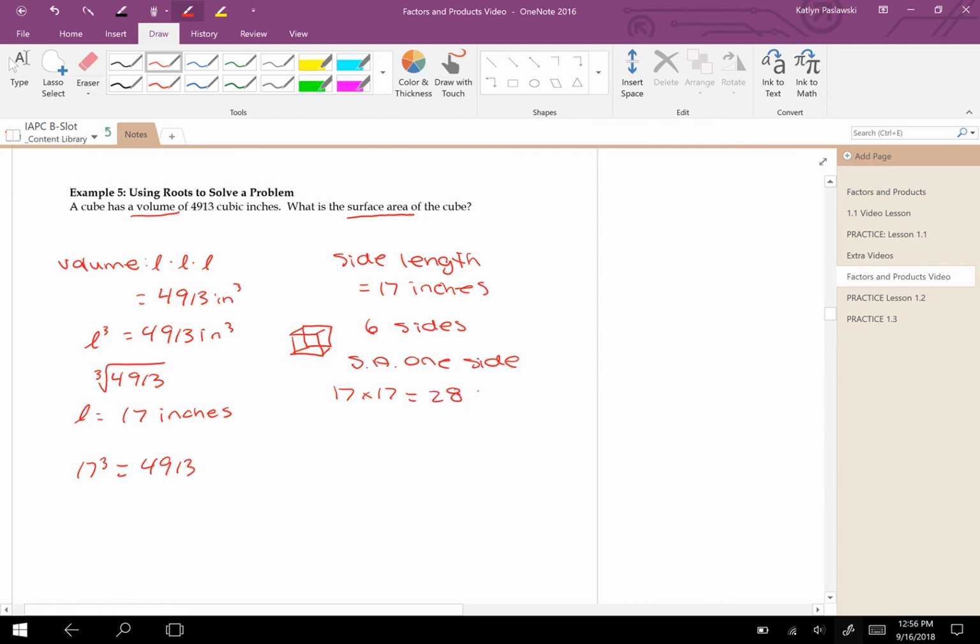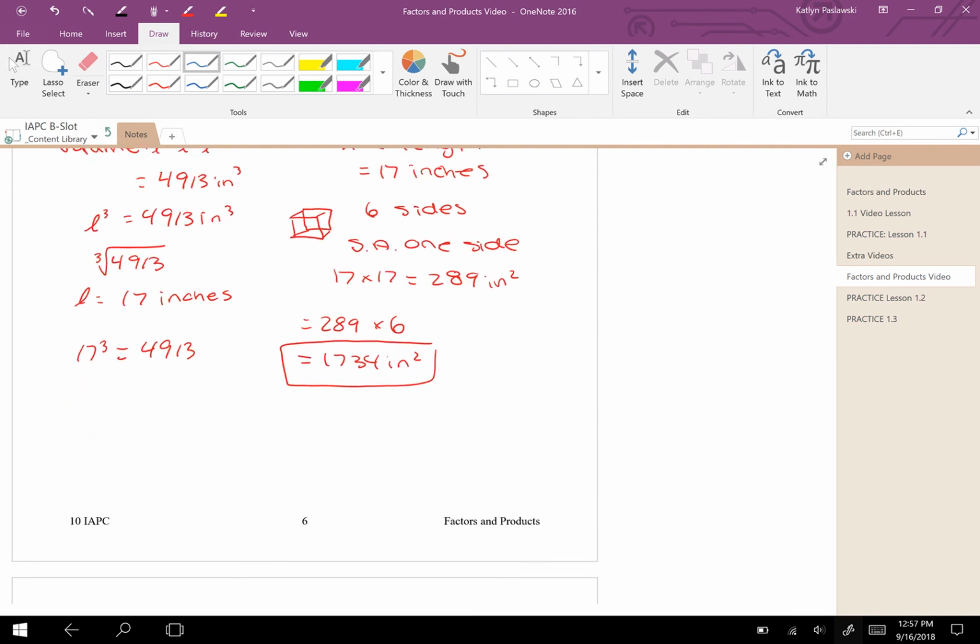Gives us 289 inches squared. And we know that a cube has 6 sides. So in order to determine the surface area of the whole cube, we're going to multiply that by 6 sides to give us 1,734 inches squared of the surface area of that cube.